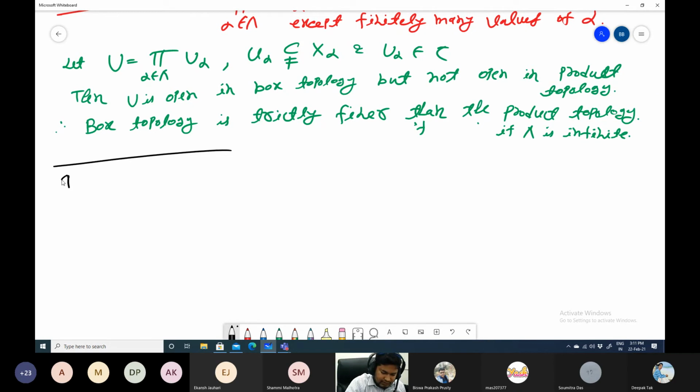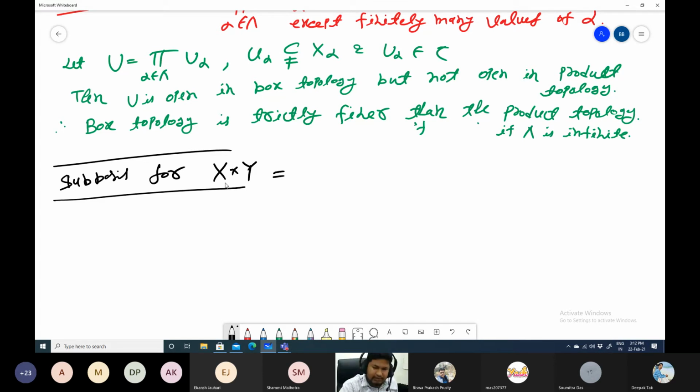Now tell me, what was the subbasis for X cross Y in terms of the projection map? Do you remember that? What is the subbasis for this product X cross Y?